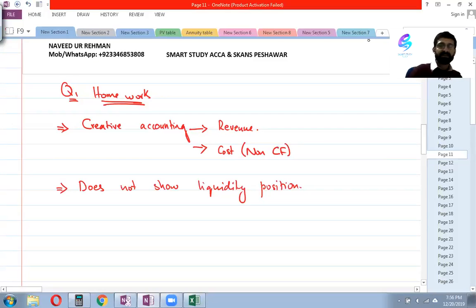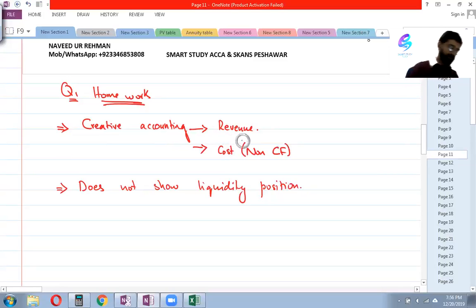As we said yesterday, if you have $100 of cash flows, it will be $100. But if you have a profit of $100, it does not mean that it will be a cash flow of $100 also, right? So you can make two headlines, and under the first headline, you can talk about creative accounting.